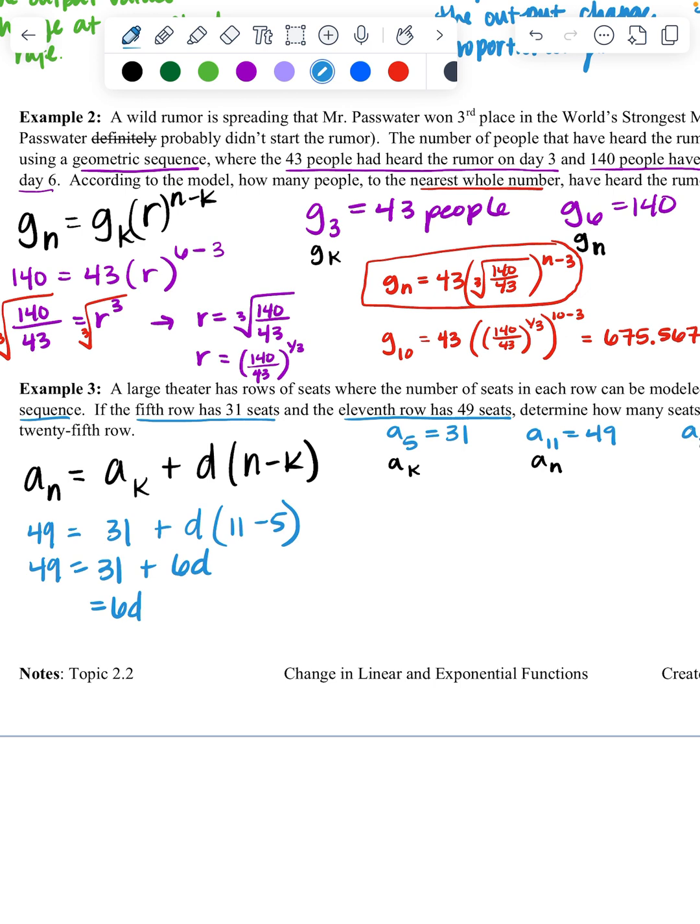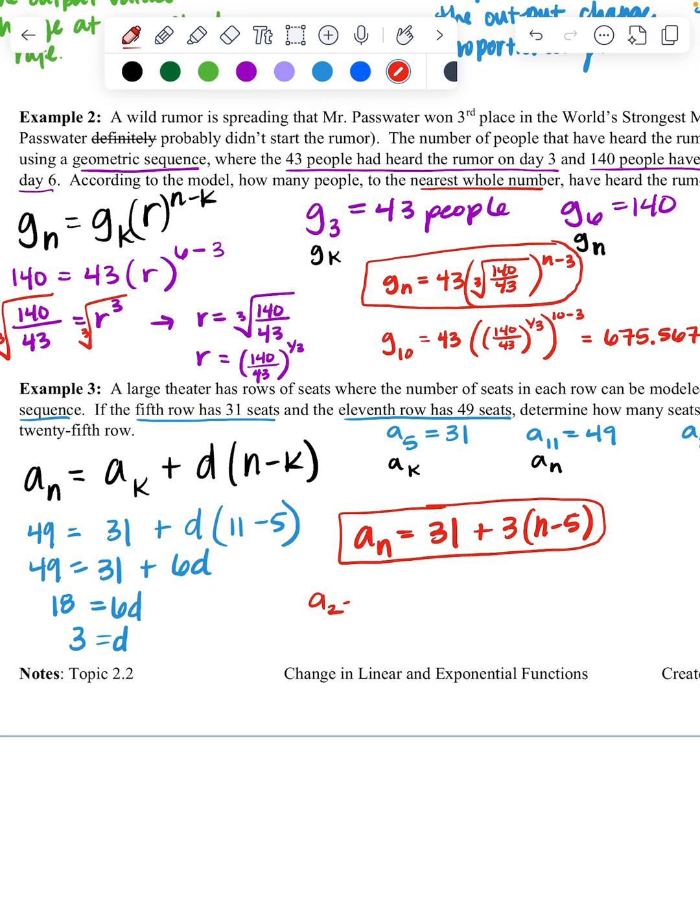What are we going to get? 49 minus 31 is 18. And so d is 3. And so our a sub n is going to be a sub k, 31, plus our common difference, 3, times n minus 5.